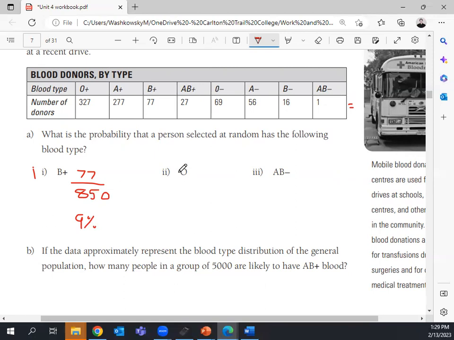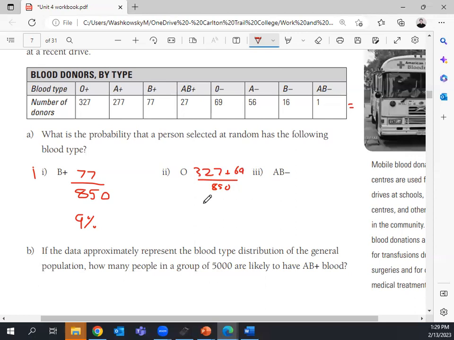Now for question 2, Aiden had a good question. It doesn't say positive or negative O, it just says blood type O. So yeah, it's a good assumption here that we have to add these up, right? So I have this many people O positive, this many people O negative.